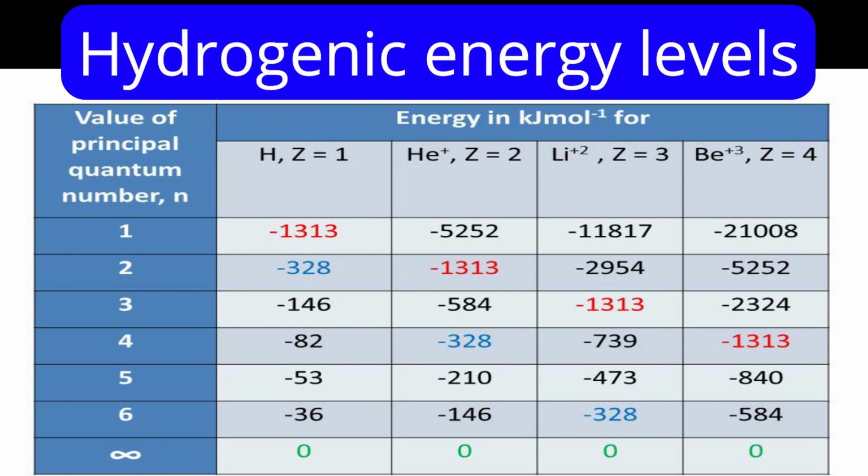So as atomic number increases, as the value of Z increases, the shell number which has the value minus 1313 kilojoule per mole also increases. What does it mean in other words? The fourth shell of beryllium plus 3 is equivalent in energy to the first shell of hydrogen, or the third shell of lithium plus 2 is equivalent to the first shell of hydrogen. And one more statement, the second shell of helium plus is equivalent to the first shell of hydrogen.